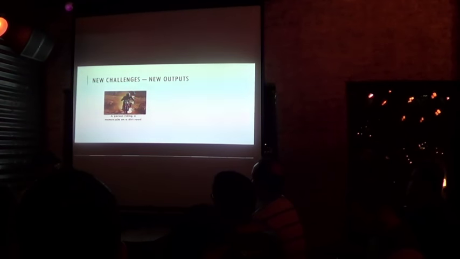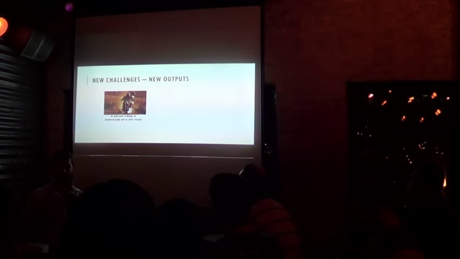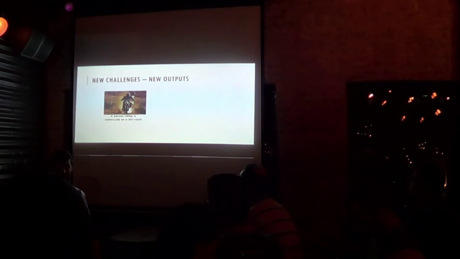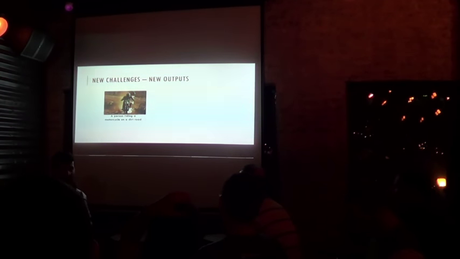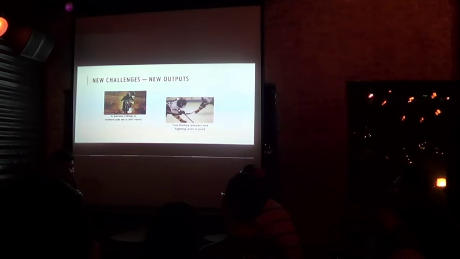And another very interesting thing is, can you provide new outputs to the same inputs you had? For example, I can tell that this is a motorcyclist, but I can also create a caption, and this is real work, and they managed quite well.